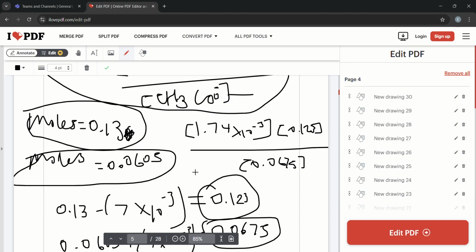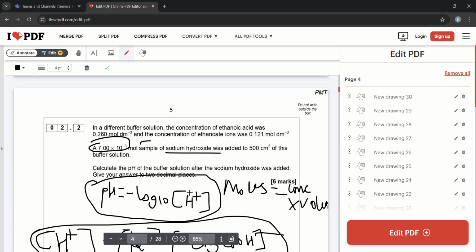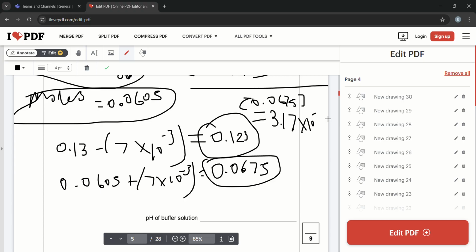We get 3.17 times 10 to the power minus... Oh, it's 1.74 times 10 to the power minus 5. So you can lose marks by just doing silly errors like I'm currently doing, so don't do it. It's 3.17 times 10 to the power minus 5.